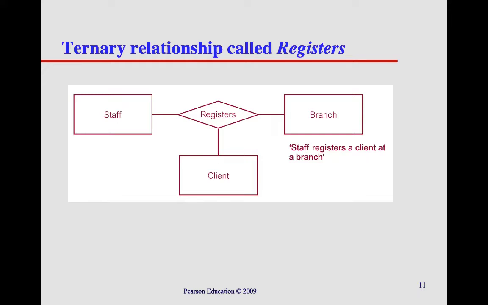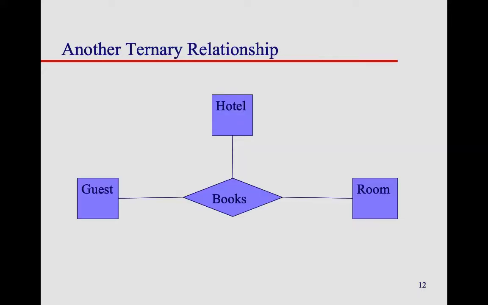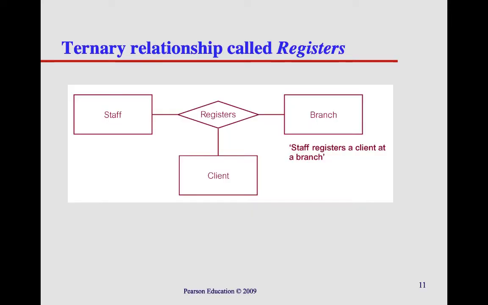Staff registers a client at a branch. Okay, or a guest books a room at a hotel. Or a lease, I don't have it, but a lease is a relationship among a property owner, a property, and a client. A client leases a property from a property owner.